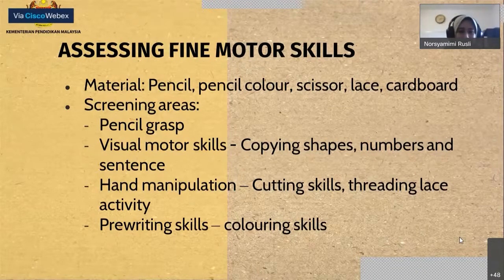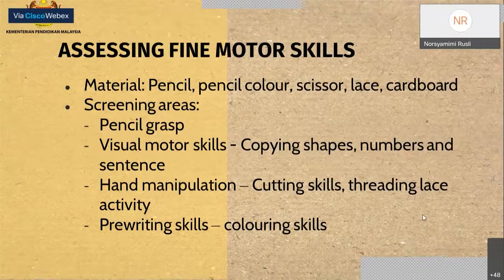Thank you. Okay. Good. So we move on to assessing fine motor skills. For fine motor skills, we need a pencil, color, scissors, lace, shoelace actually, or any lace, and cardboard.